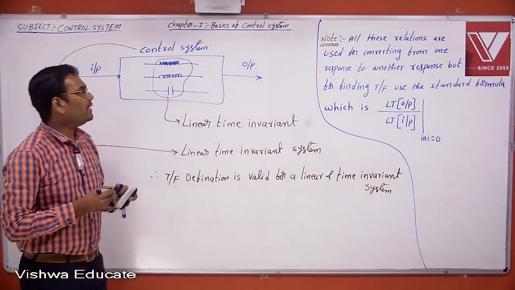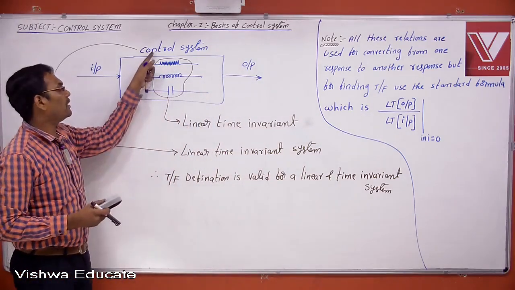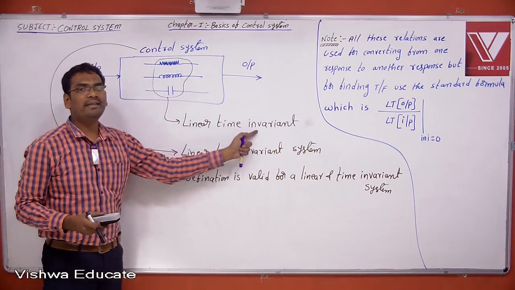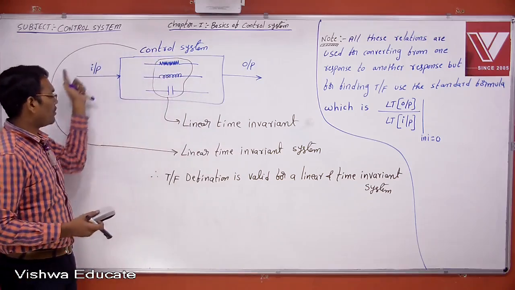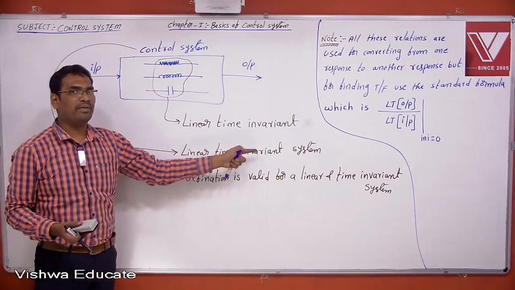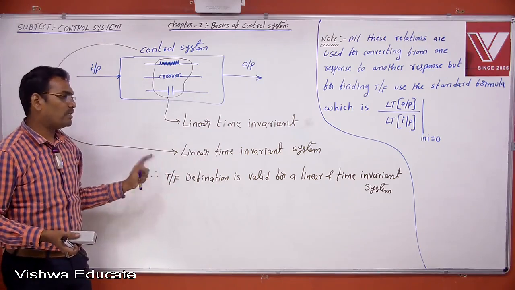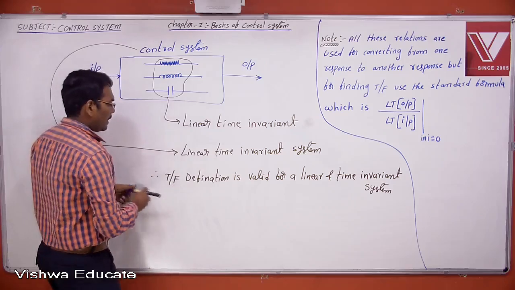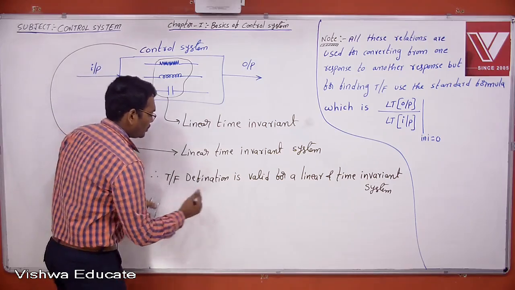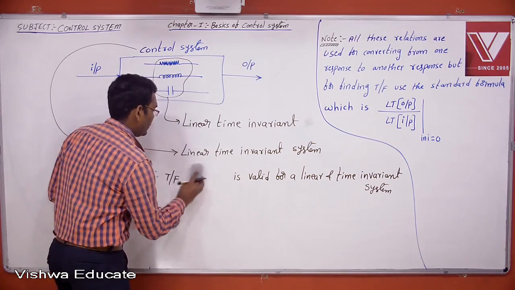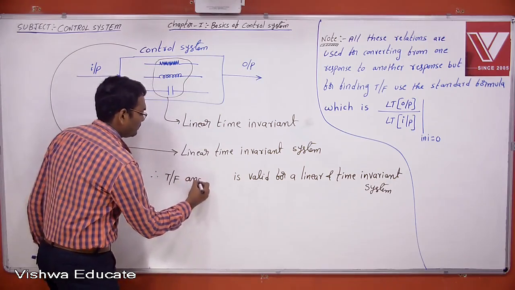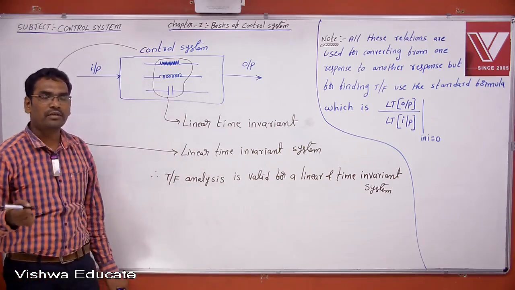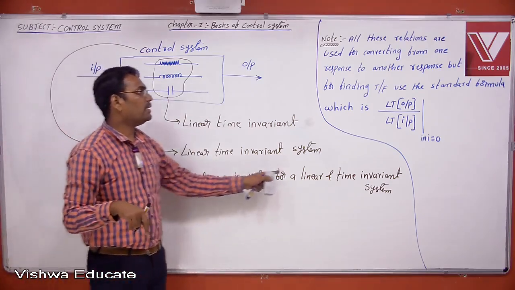Because any control system whose basic behavior is the behavior of resistor, inductor, capacitor, but these three elements are linear time invariant. Therefore, my control system is said to be a linear time invariant system. Therefore, the transfer function definition and the transfer function analysis is valid for a linear time invariant system, which we already defined.